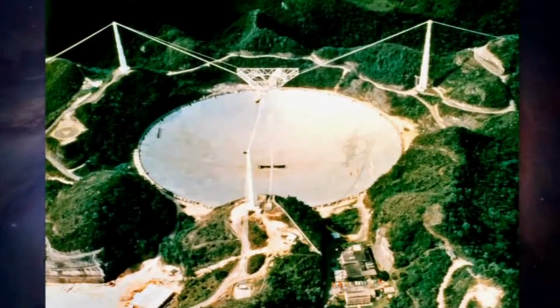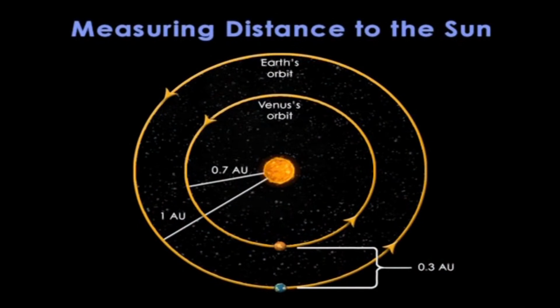But now, they're really only of historical interest because modern measurements use huge radio telescopes to bounce radar pulses off Venus. Timing the reflected signal and knowing the relative distance to Venus and the Sun then gives an Earth-Sun distance to an accuracy of about 30 yards.